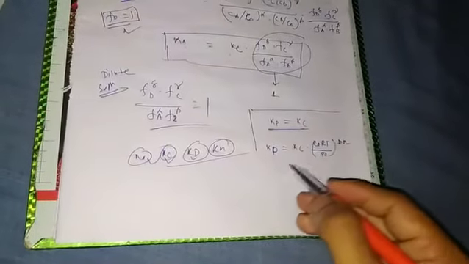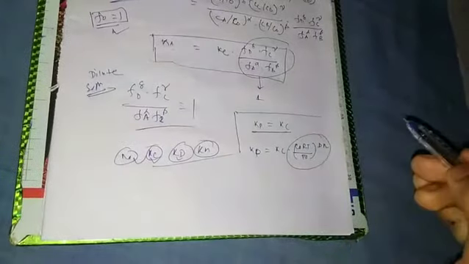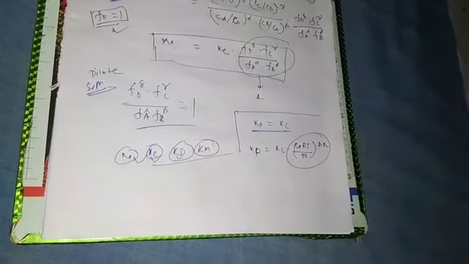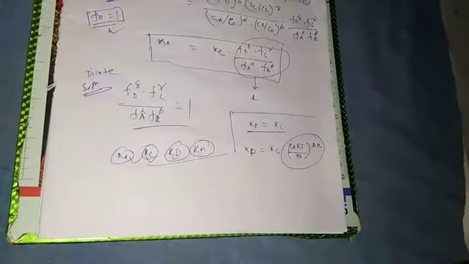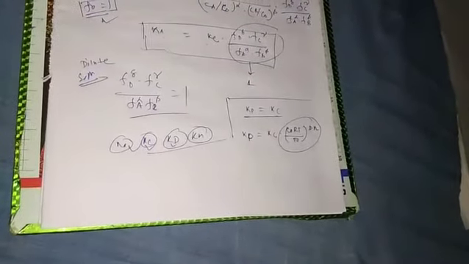Kp equals Kc when this factor is 1, and this factor will be 1 in two conditions.